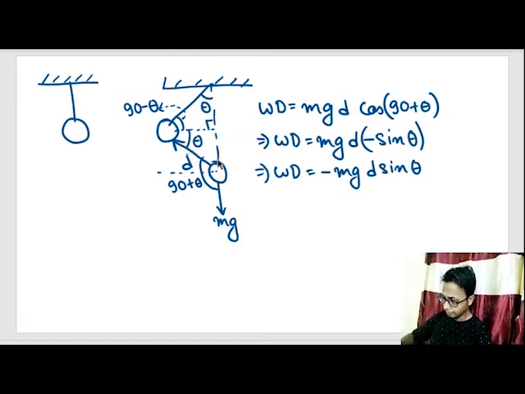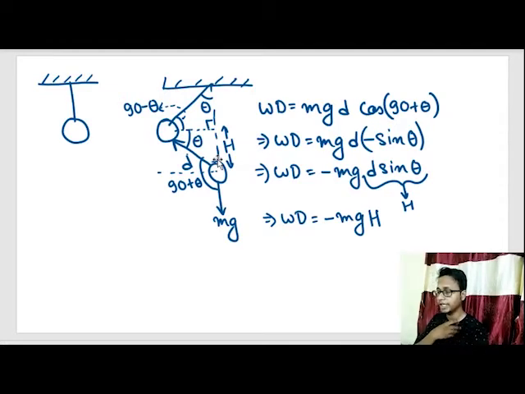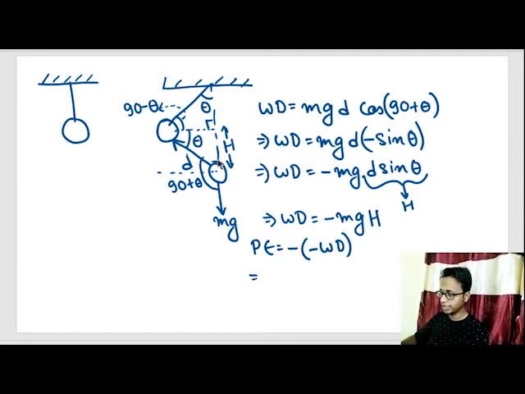So this was given as h in our previous diagram, so d sine theta is actually nothing but h, or work done by gravity force is equal to minus mgh. Sorry, work done against gravity force. Okay, so potential energy stored out here would be minus of work done, or potential energy stored out here would be mgh.